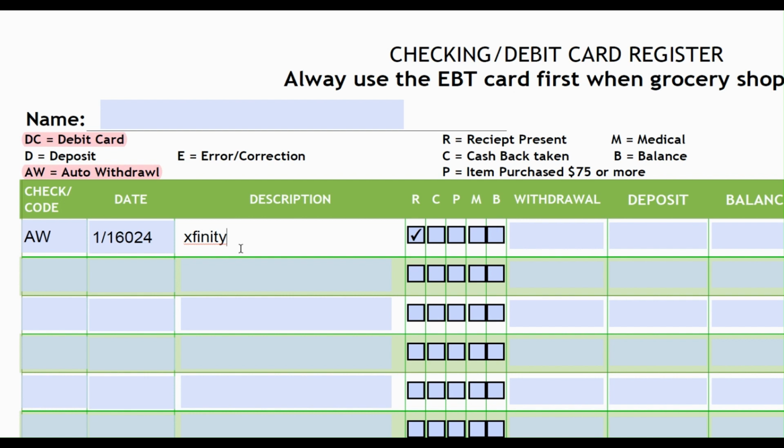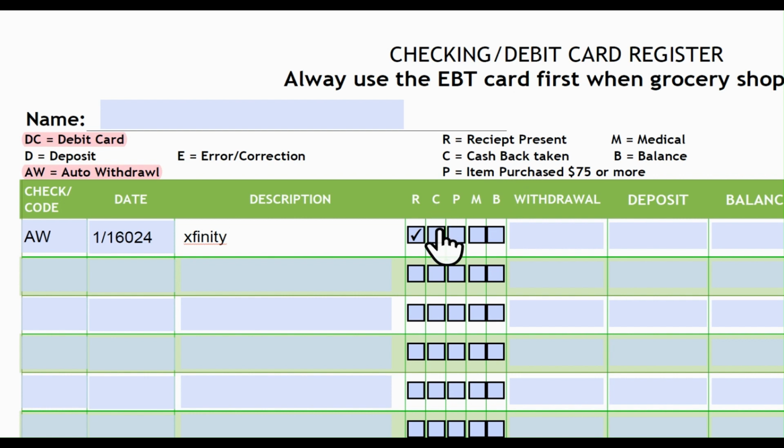So either support the person to log in to their Xfinity account and download it that way, or if the person got the receipt to their email, then we need to print that out. You can send it to someone at the TLC office and ask them to print it out for you. But this is just a reminder column that the receipt needs to be present.